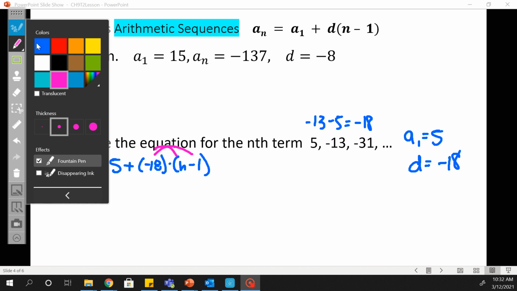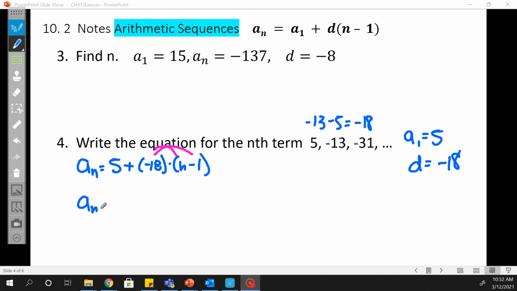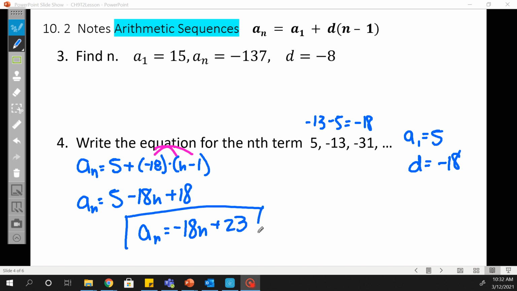Can distribute here to put this in the standard form. So a sub n is equal to 5 minus 18n plus 18. Combining like terms, negative 18n plus 23, and this is the formula or equation for the nth term to generate the sequence. Negative 18n plus 23.